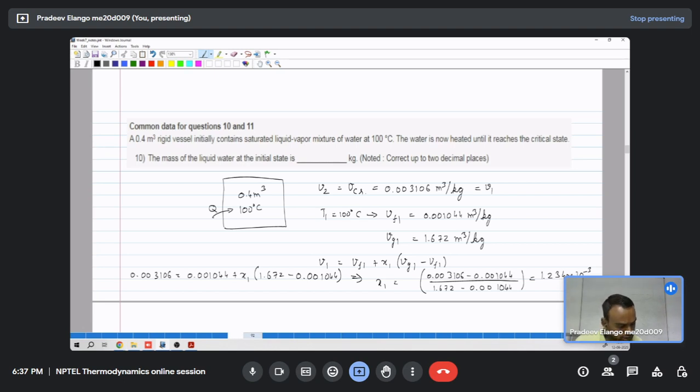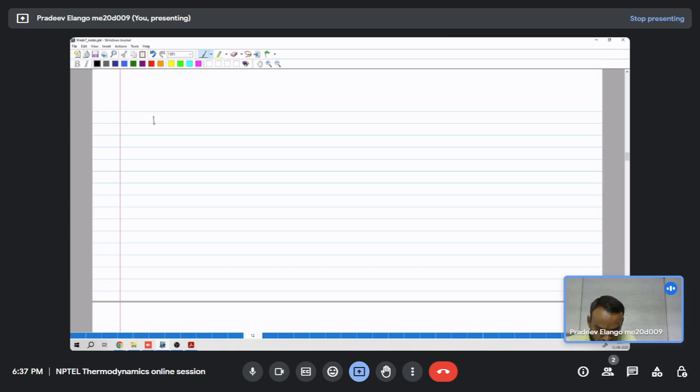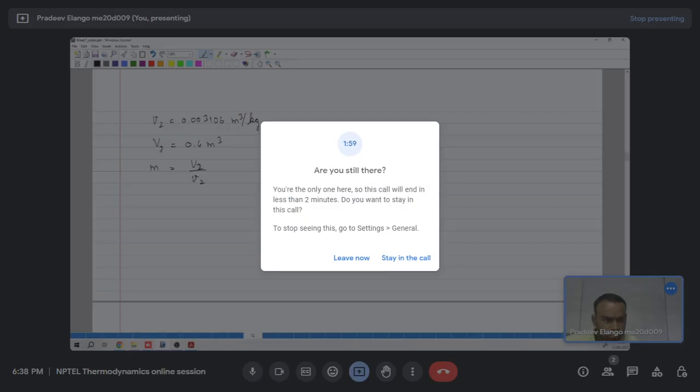We know total mass can be calculated using the second state. So V2 is 0.003106 meter cube per kg, and volume V1 or V2 both are same, that is 0.4 meter cube. So mass can be written as volume divided by specific volume.